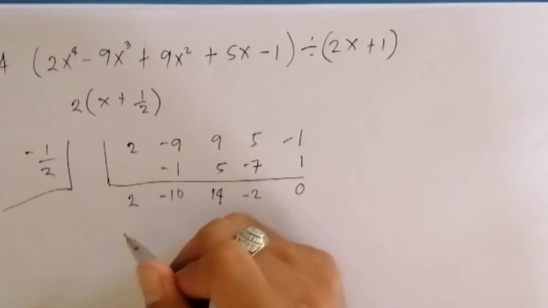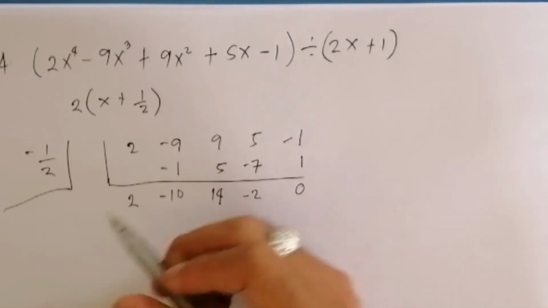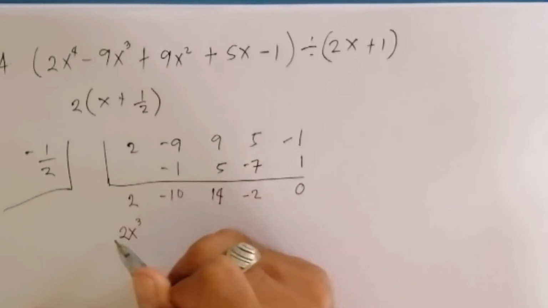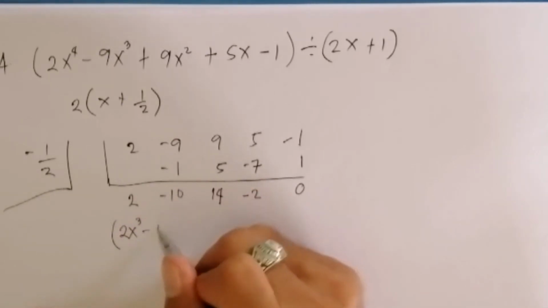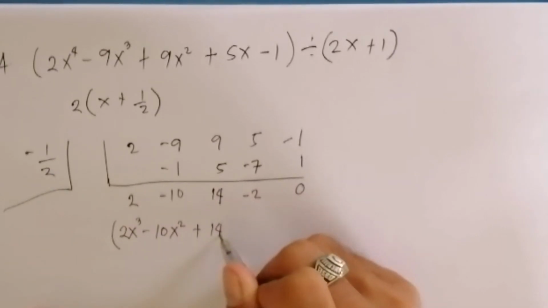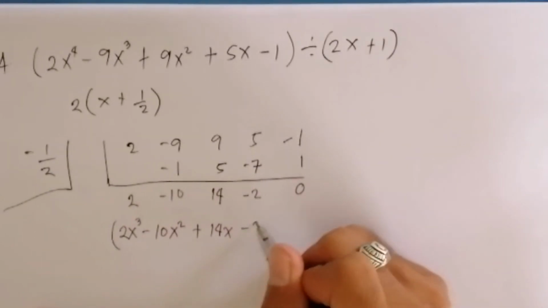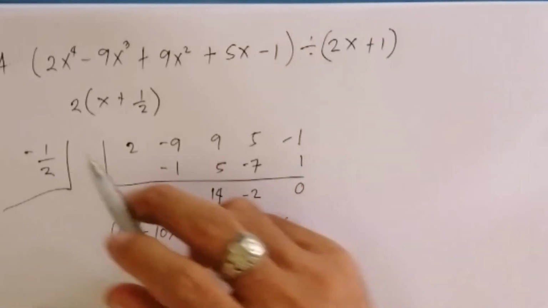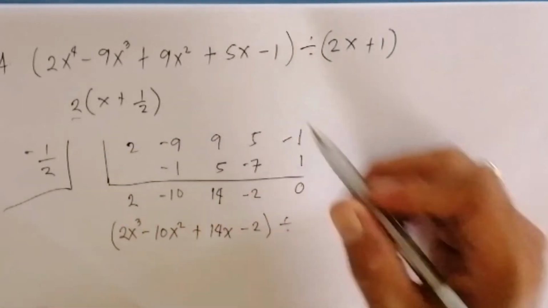So we have 2x cubed minus 10x squared plus 14x minus 2, then the remainder is 0, then divided by 2.